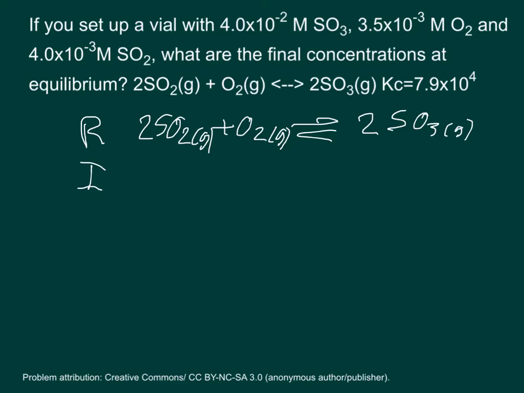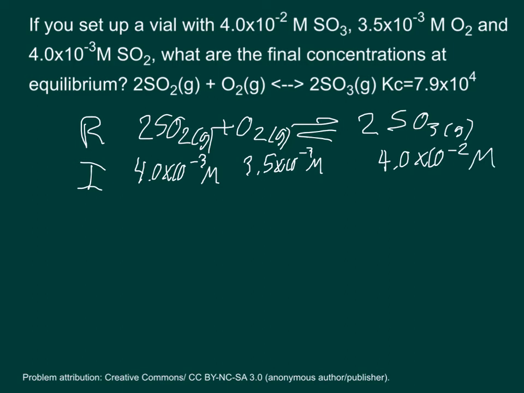For the SO2 it is 4.0 times 10 to the negative third molar. For the O2 it is 3.5 times 10 to the negative third molar. And for the SO3 it is 4.0 times 10 to the negative second molar. Okay, so those are our initial concentrations.